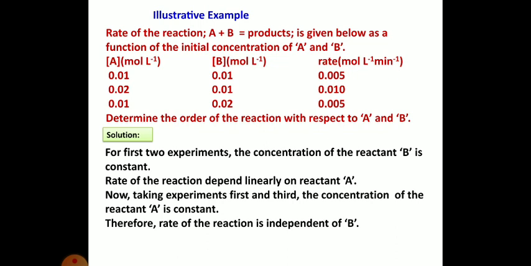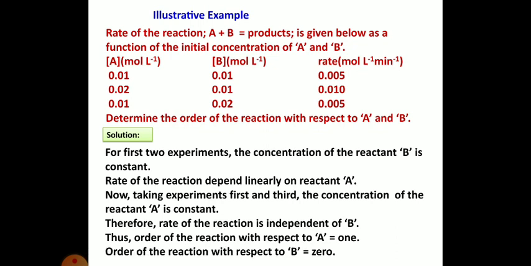Therefore, the rate of the reaction is independent of B. This is the conclusion that we can draw from the above table. And at the last, we can say that the order of the reaction with respect to A is 1. So this is the logic behind solving such problems. The order of the reaction with respect to B will be 0.